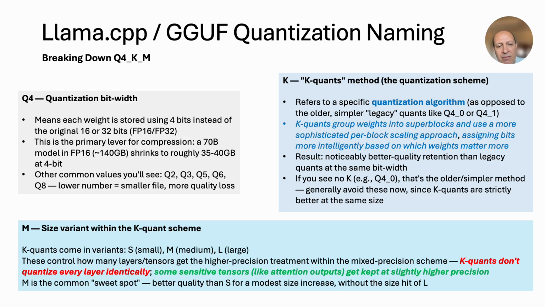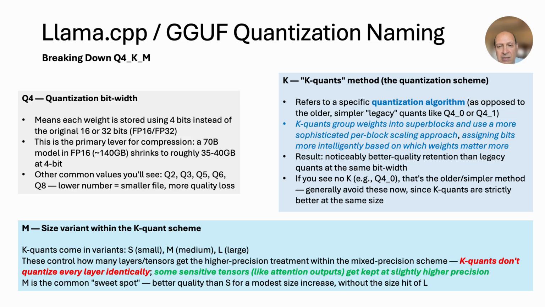So instead of using FP16 or FP32, when we quantize, we are using 4-bit instead of the 16 or the 32-bit. This is the primary level for compression. For example, with FP16, the size of the file is around 140 gigabytes. This shrinks, divided by 4, to roughly 35 to 40 gigabytes when we use 4-bit quantization.